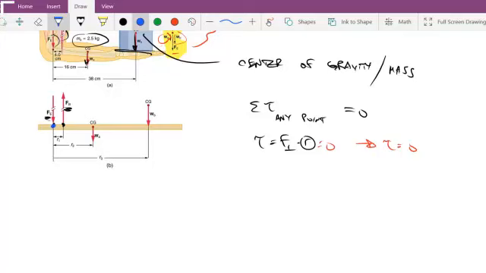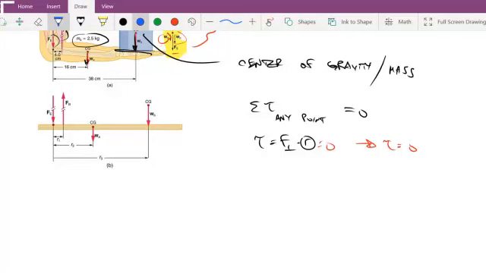The moment arm is 0. If I take the sum of the torques around this other point, then the torque created by the biceps is 0, because the force of the biceps goes right through that point. So we cleverly choose where to take our sum of torques, and we can get rid of one of our variables that way.